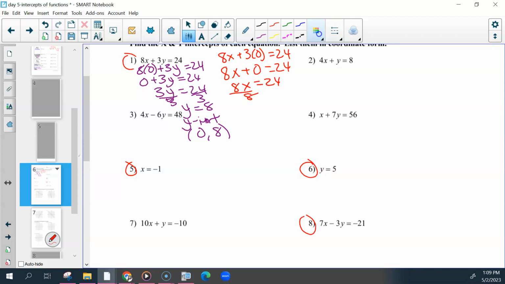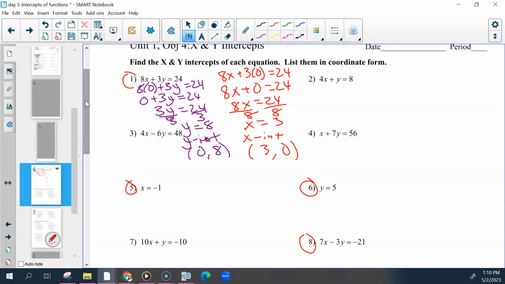And solve for x, which is 0. Wait, yeah. I did something wrong. It should be 3, 0. It should be 3. The 0 you put in should have been for y. I put in 8 for y. Yes, that would do that. It's okay. Questions on that?